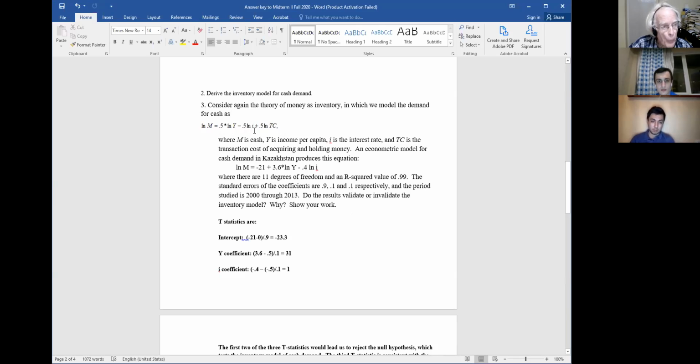There is no intercept predicted by the inventory model. So now we can test the hypothesis that the intercept is zero. In our model for Kazakhstan, the intercept is minus 21, which is nowhere near zero. So it is very easy to reject the hypothesis for the intercept.